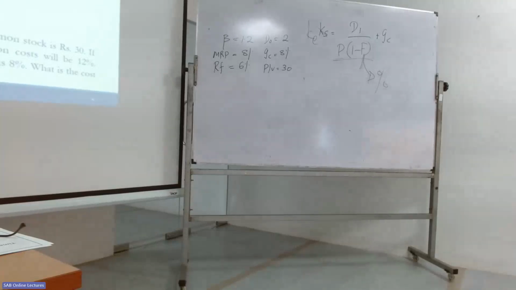If there is an additional new stock issue, then they have to bear a flotation cost of 12%. D0 is 4 rupees, growth rate is 8%. So what is the cost of new common equity, or cost of external equity?